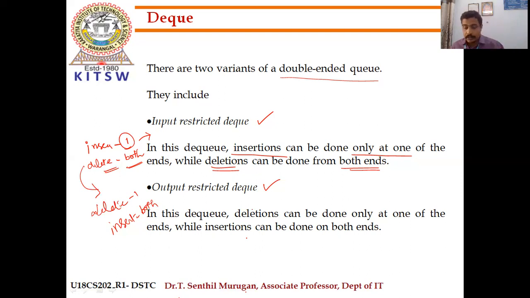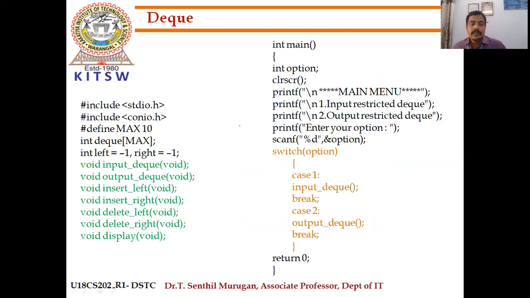We have two variants, and with this concept we have to implement the Deque using a C program. One is the input restricted variant, another is the output restricted variant. For the two variants, we have written different functions. If we want to insert from the left side, we use this function; to insert from the right side, we use this function.